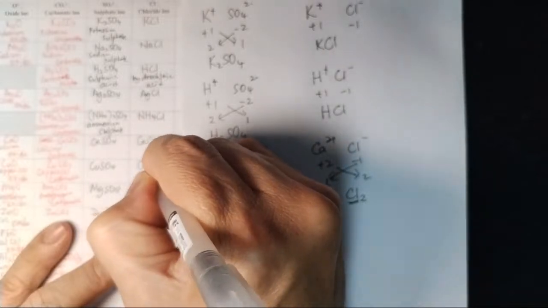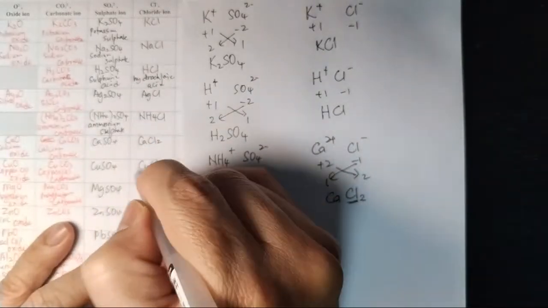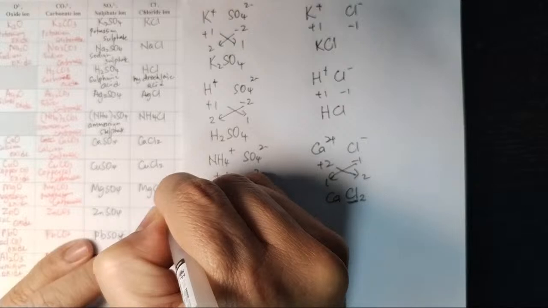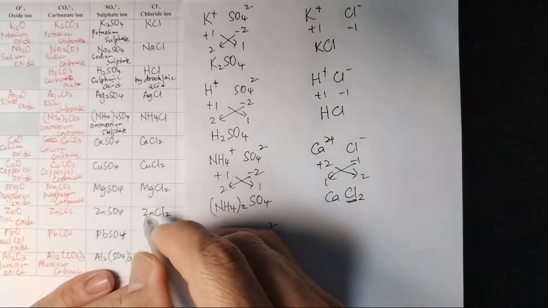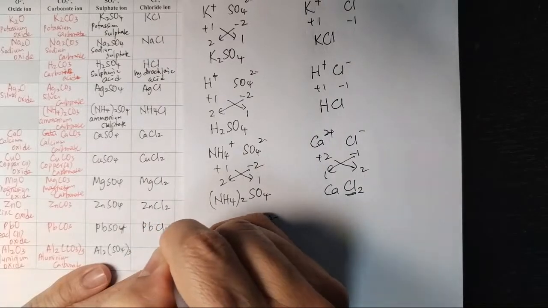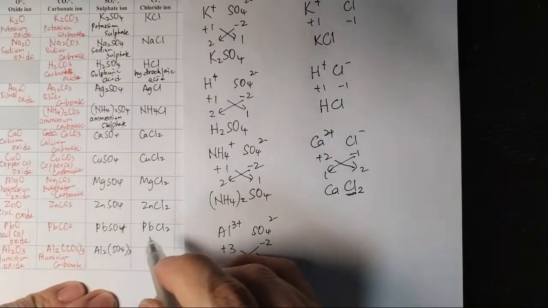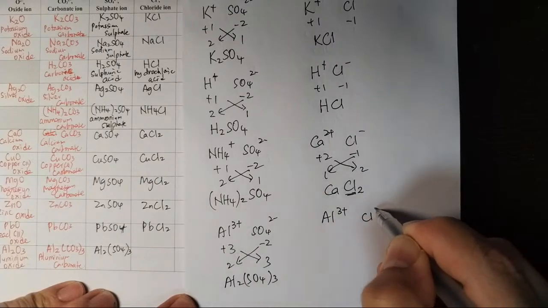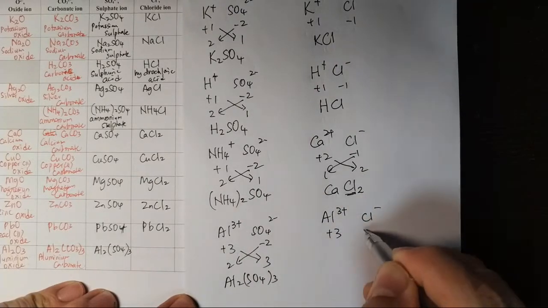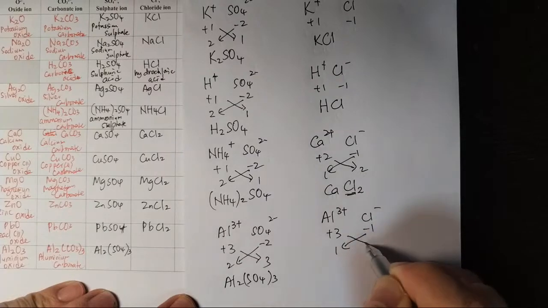Okay, copper 2 chloride, magnesium chloride, zinc chloride, and lead 2 chloride. Okay, aluminium chloride. Okay, aluminium chloride, positive 3, negative 1, 3.